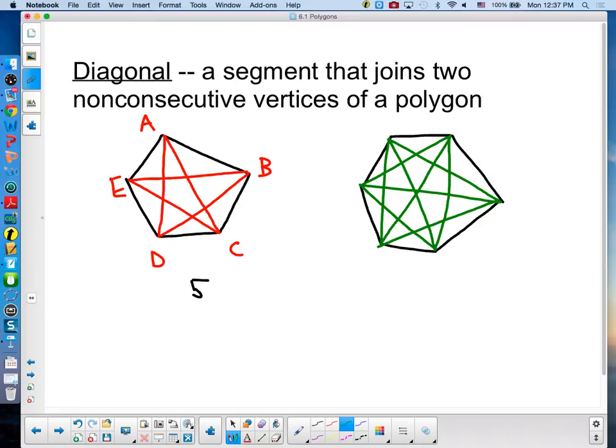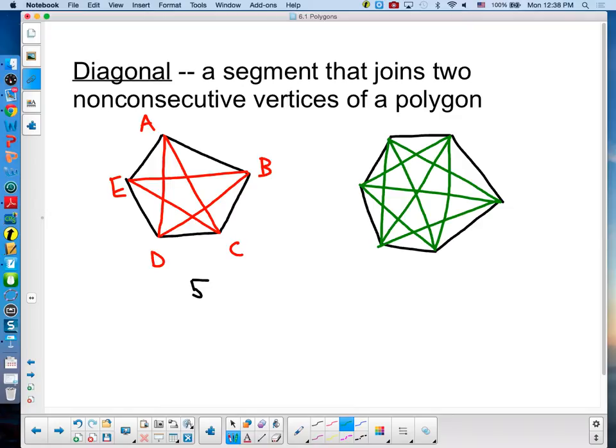Diagonals again. Got 8. How many diagonals are from every corner? 3 from every vertex.